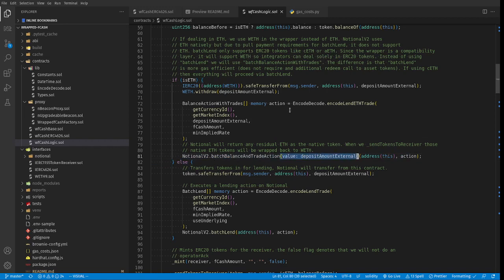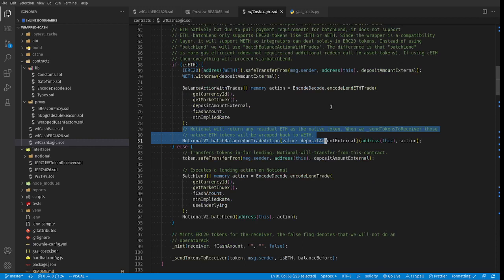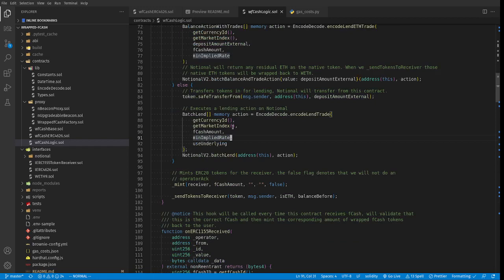So this encodes a lend ETH trade and sends it into Notional via this batch balance and trade action. So this is a little bit less gas efficient than this batch lend method, and we'll take a look at that at the end here. But we won't dive into that here.